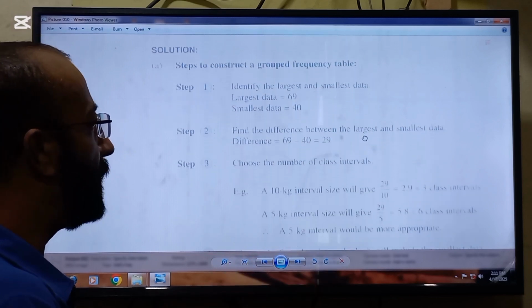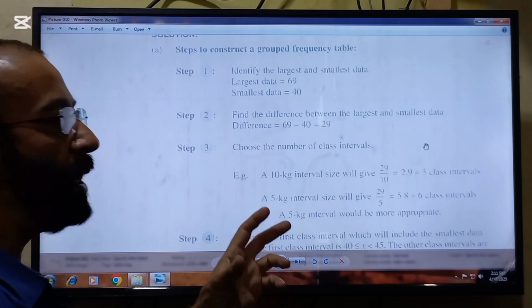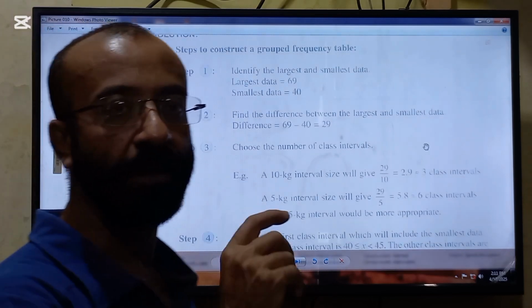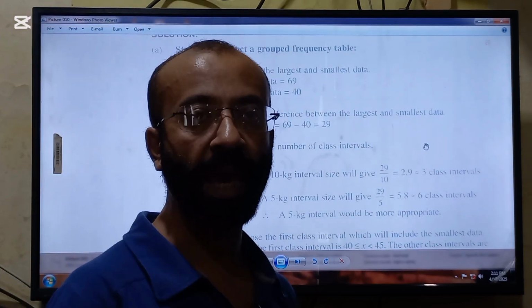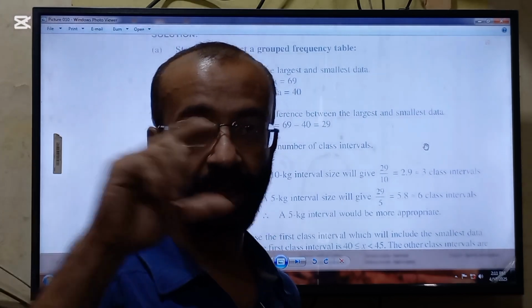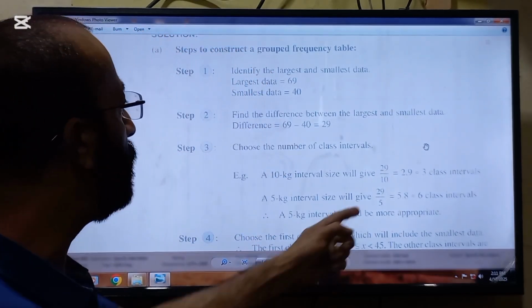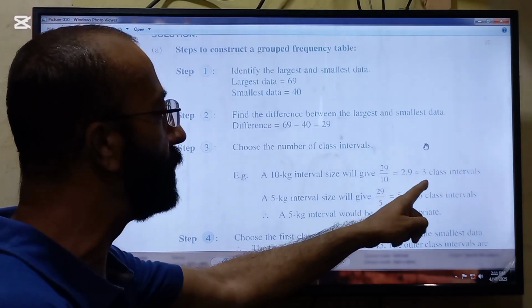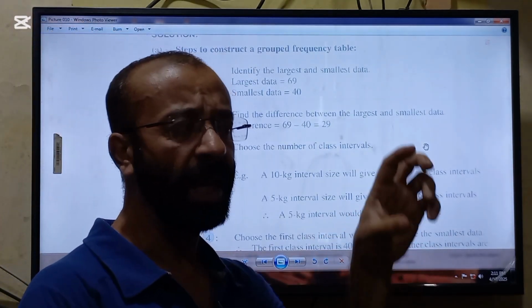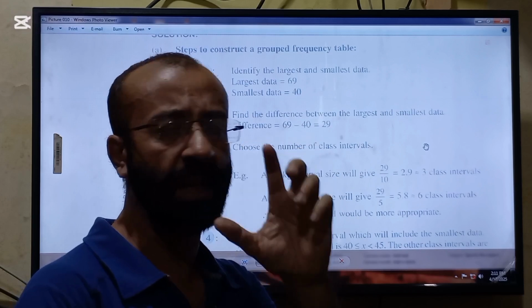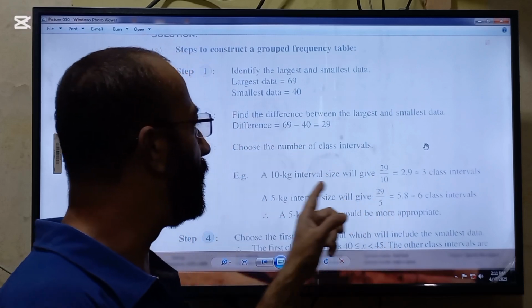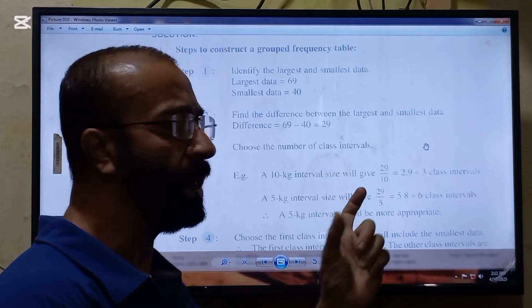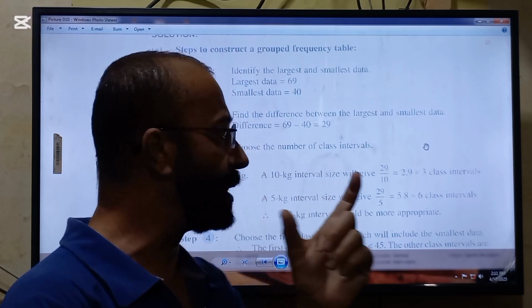The next step is, now we have to divide the difference by suitable values to have a suitable number of classes. So for example, if we divide 29 by 10, we will have 2.9, that is almost equal to 3. 3 is too small, then we will have only 3 classes if we divide the data up to a 10 kg class interval.